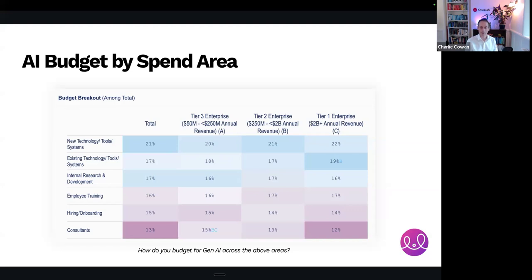What seems to be so much lower down, in fact, the fourth down on the list, is employee training. So how do people actually use these tools is right down at the bottom with only sort of 16% average across these different organizations. And this is something that we're seeing in our client work, that successful AI adoption is not a technology project.